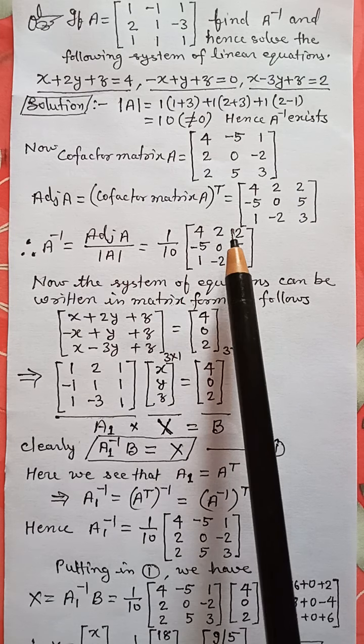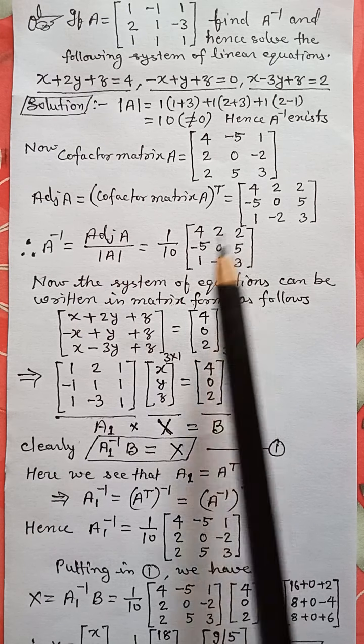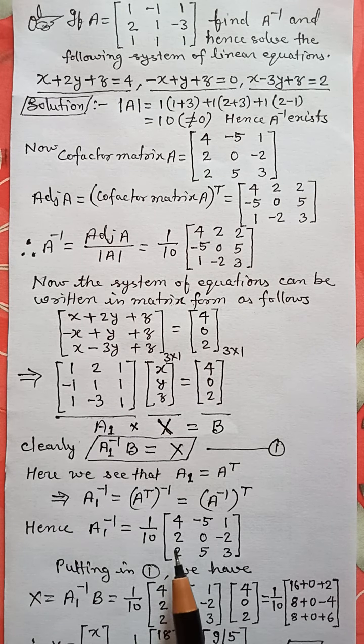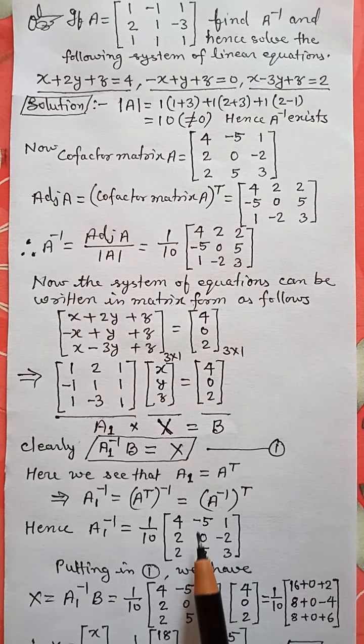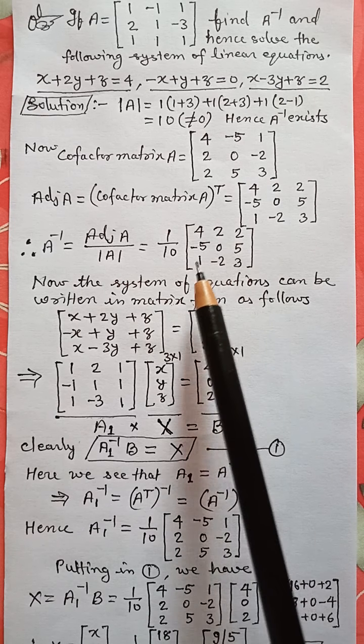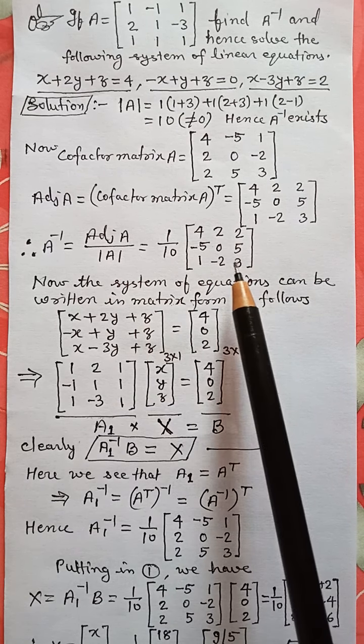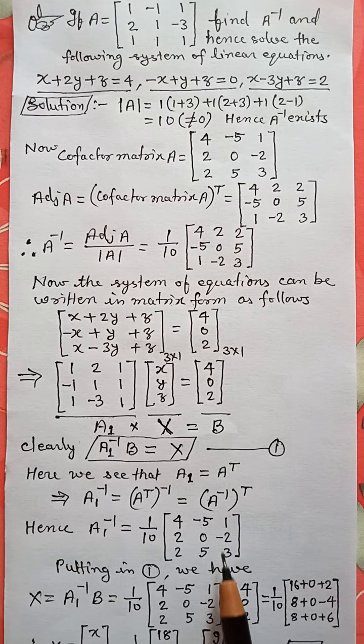This is 4, 2, 2. That is our first row, this is our first column. Minus 5, 0, 5, second row, this is our second column. 1 minus 2, 3, third row, and that is third column.